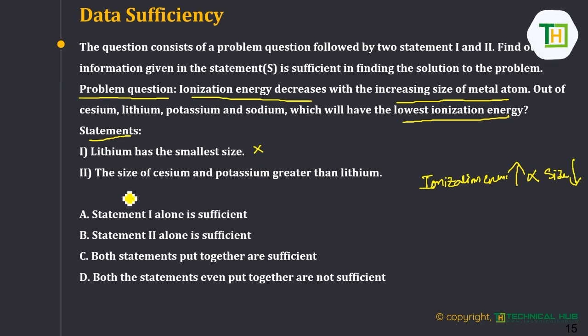Coming to the second statement: the size of cesium and potassium is greater than lithium. Lithium is the smallest; cesium and potassium are greater than lithium. Using the second statement only, not adding the first, can you find the biggest size of the given atoms?